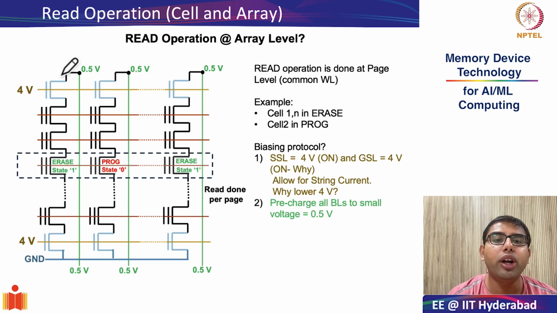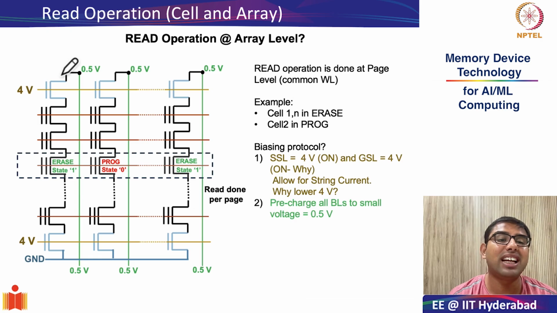The next thing that we do is we pre-charge all the bit lines to a very small bias of 0.5 volts. I hope you are familiar and you recall the terminology that I am using here, which is called pre-charge all the bit lines. This is the terminology I have been using both during SRAM and in DRAM operation.